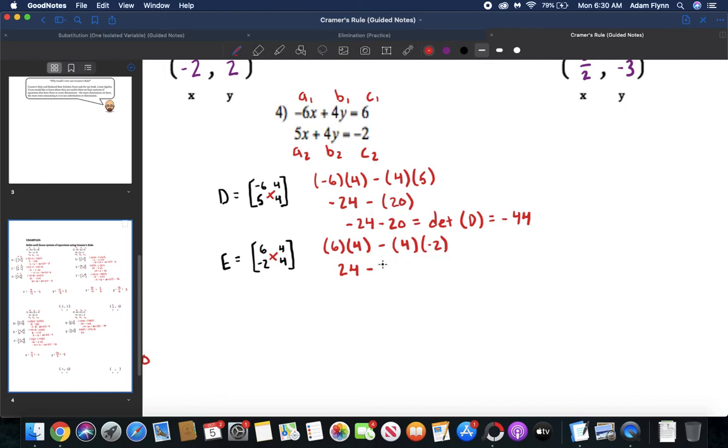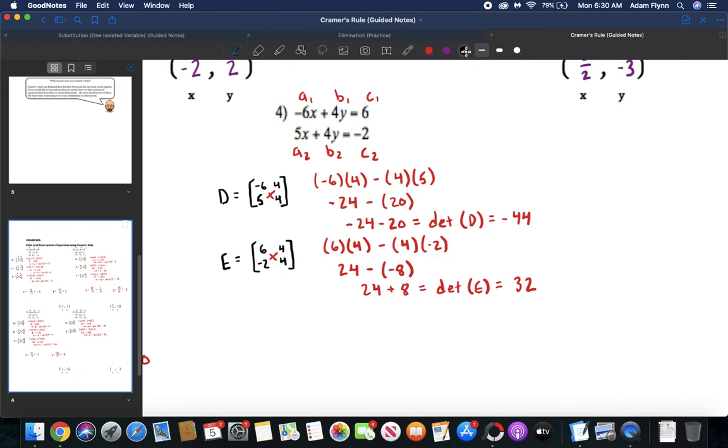Minus 4 times -2 is going to be -8. 24 minus -8 turns to 24 plus 8 because of the back-to-back negatives. So the determinant of E is going to be 24 plus 8, which is a +32.